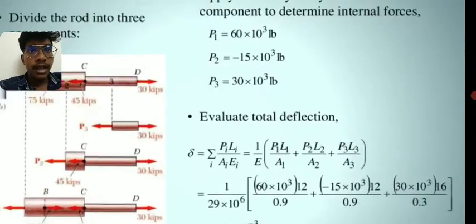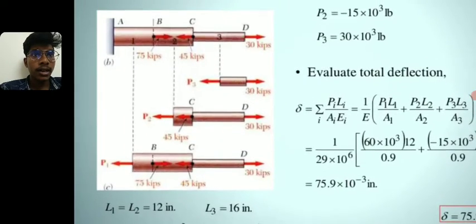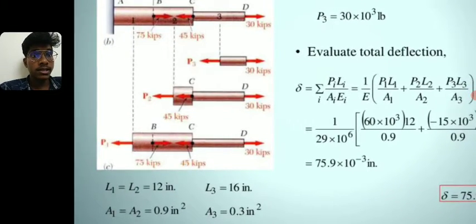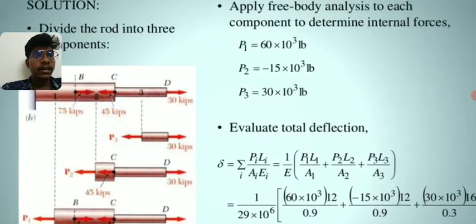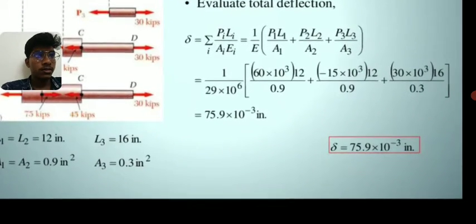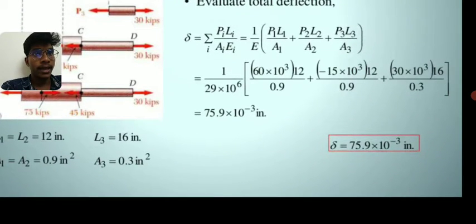It is divided into three parts with 30 kilopascals, 30 plus 45 kilopascals and 30 plus 45 plus 75 kilopascals. We get different free body analyses, with delta equal to summation of Pi Li by Ai Ei. Taking 1 by E as common, that is P1 L1 by A1 plus P2 L2 by A2 plus P3 L3 by A3.